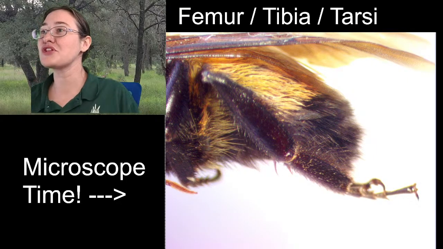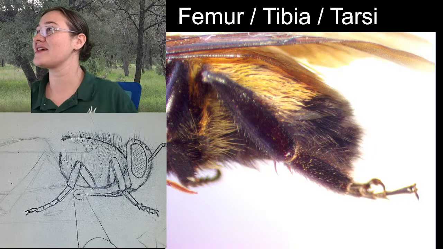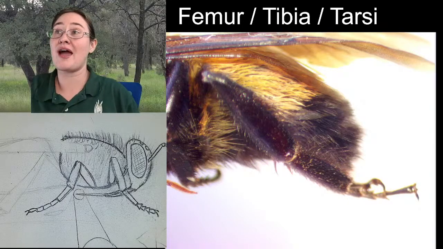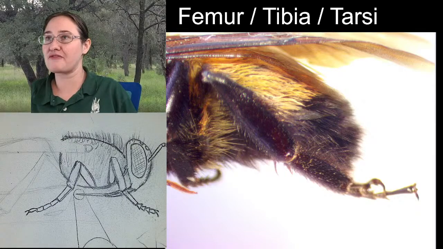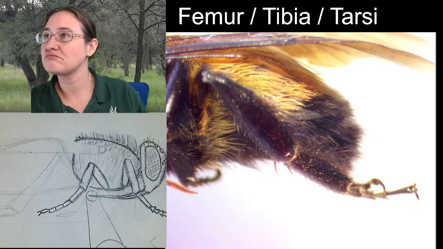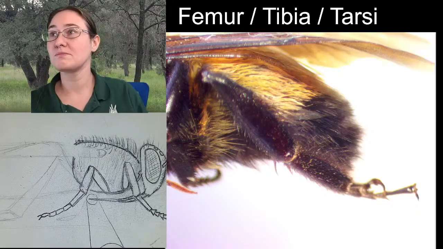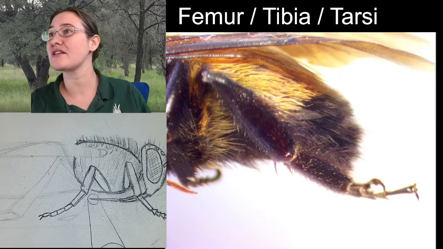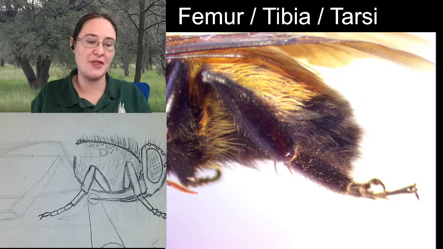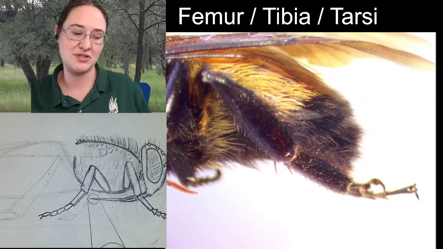And now that we're looking at the hind legs, Eric had mentioned that the males don't have pollen baskets, right? They don't have a need for them. The tibia is a little bit wider, but I'm not seeing the really thick pollen basket hairs that you would see on a female.